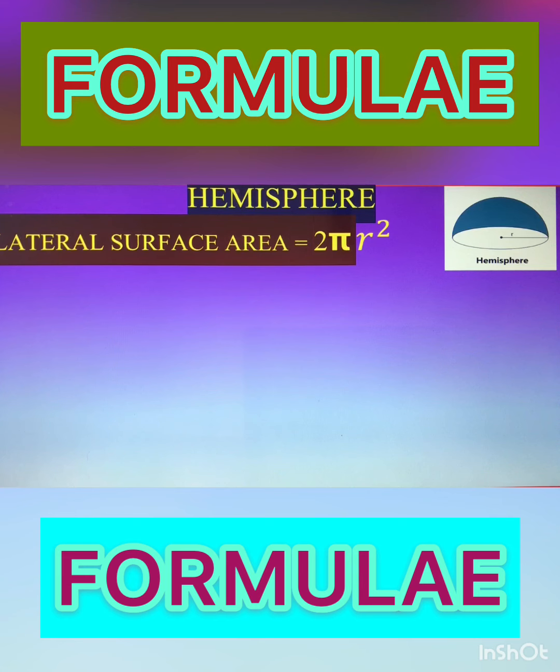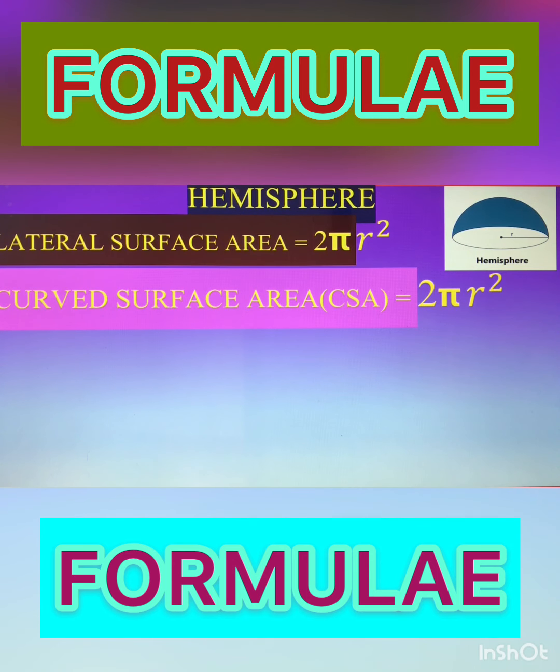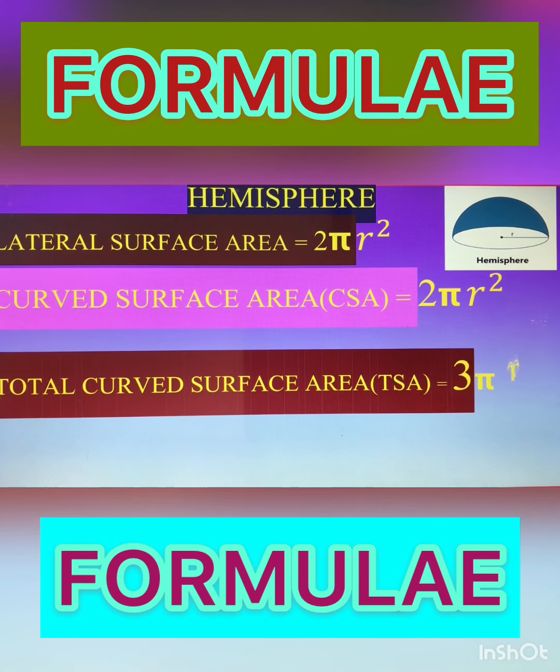This is 2 pi r square, meaning you get just half of the curved surface area and total surface area and lateral surface area of the sphere. If you halve the formula of the sphere, 4 pi r square, you will get 2 pi r square, meaning the lateral surface area of the hemisphere. Now the curved surface area of the hemisphere is the same thing, you will get 2 pi r square, just half of the sphere. Now moving to the next, total surface area, total curved surface area of the hemisphere.